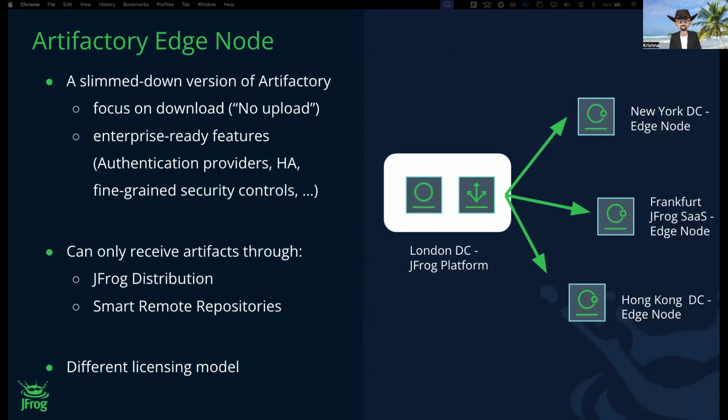In the classic and hybrid patterns, an edge is meant to be a local cache, and it receives packages from a main Artifactory only, which acts as the single source of truth for packages. The packages can be pushed by JFrog Distribution or pulled via remote repositories.